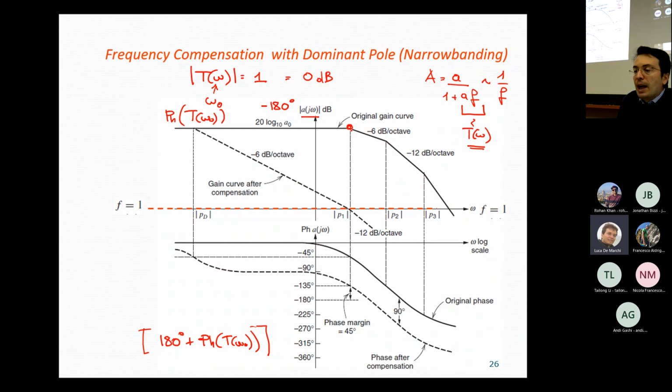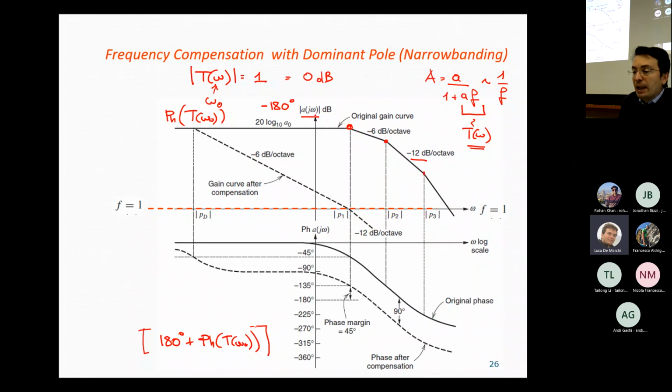After each pole, we will be losing minus 6 dBs per octave, or minus 20 dBs per decade. So after P1, we have a minus 6 dB amplitude loss per octave. Then after P2, we will have minus 12 dB per octave loss in the amplitude, and so on. And minus 18 after P3. So this is A of j omega.